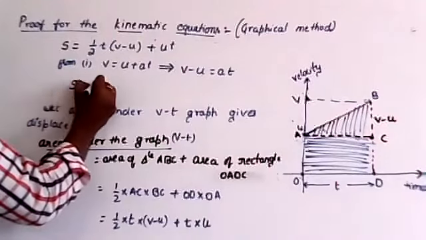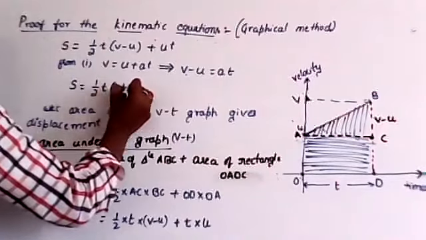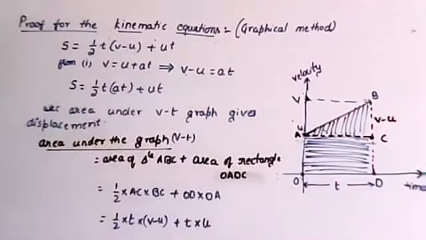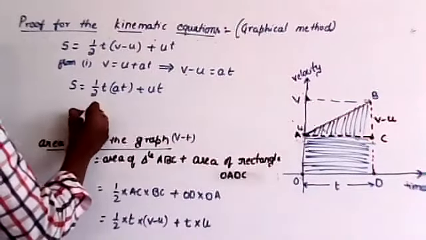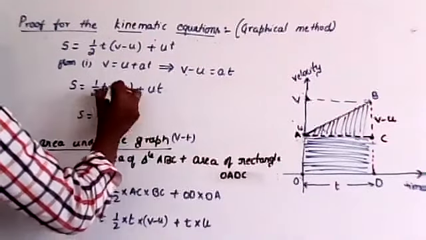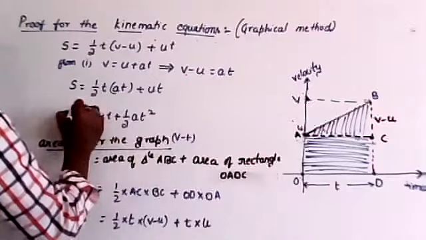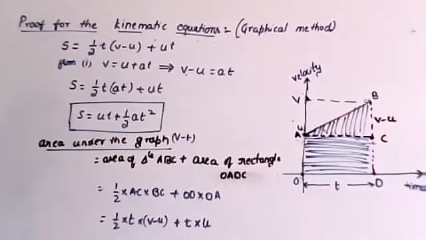Then s is equal to half t into (v minus u), which can be taken as at, plus ut. Now what is this final equation? That final equation is s is equal to ut plus half a t squared. So this is the expression for displacement.